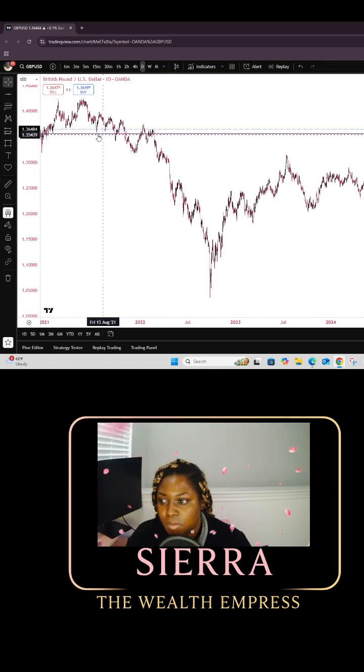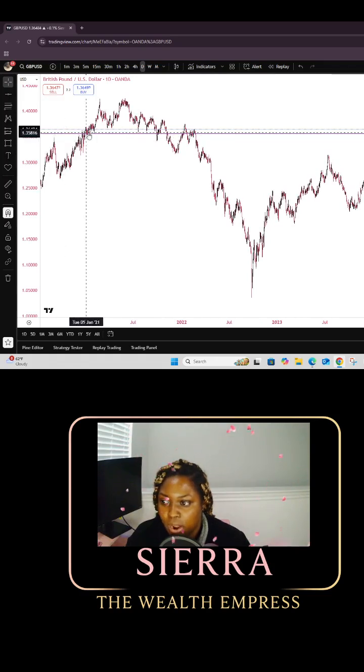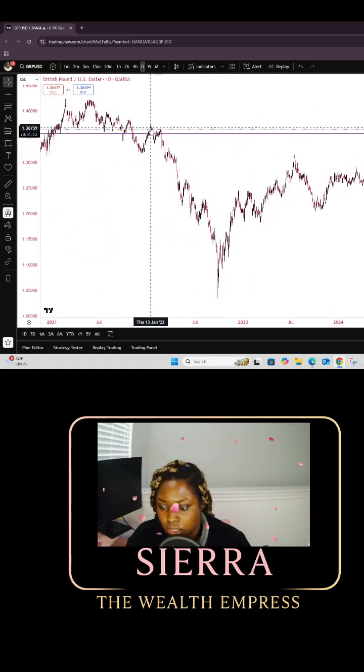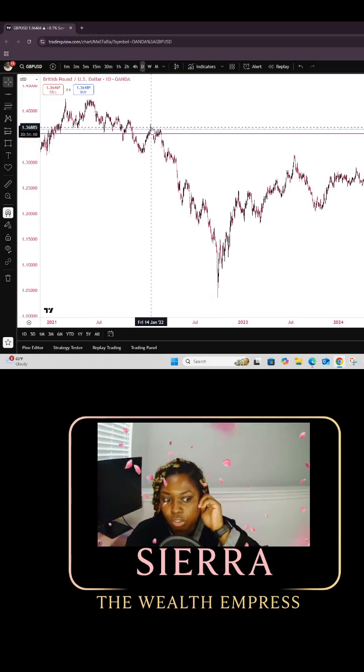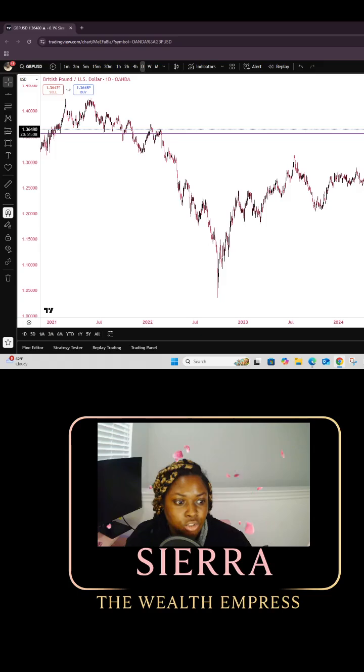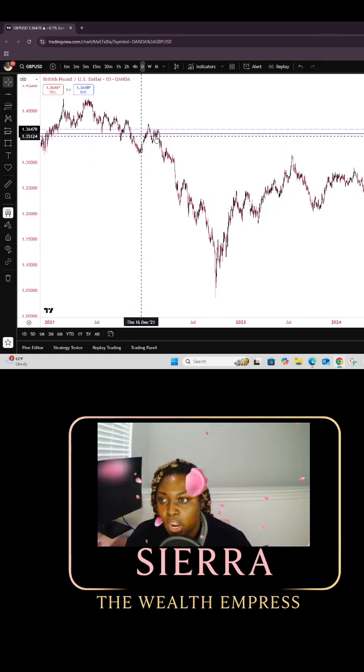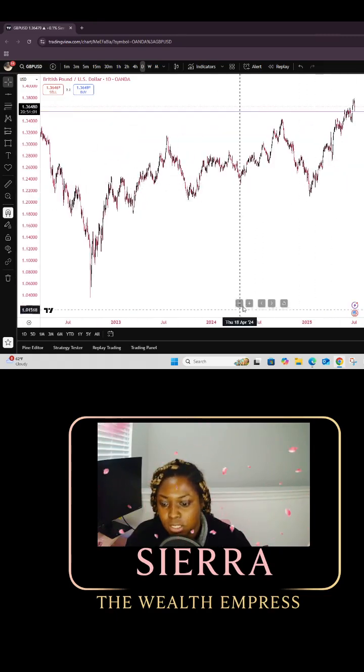All right. So even way back here, price was hesitant in this area, right? So now we haven't been up here since 2022. GU hasn't been this high since 2022. Okay. So this was a strong area of resistance.